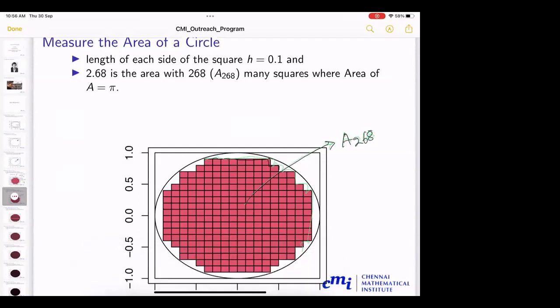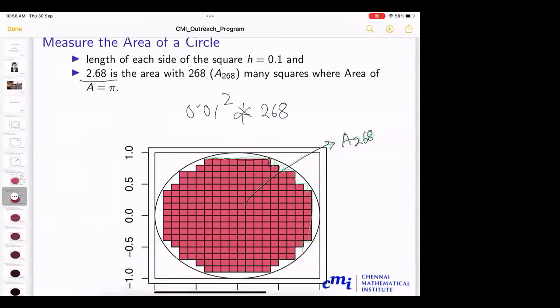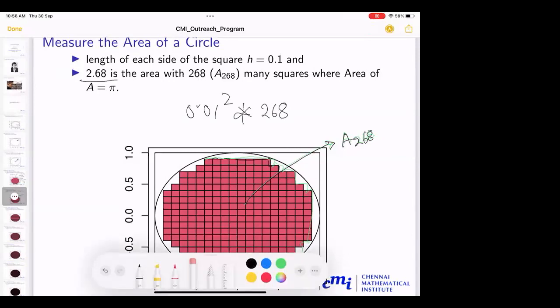And what is the area of this geometric shape? 268 times 0.1 squared, correct? So 0.01 times how many? 268. So that will come to 2.68.